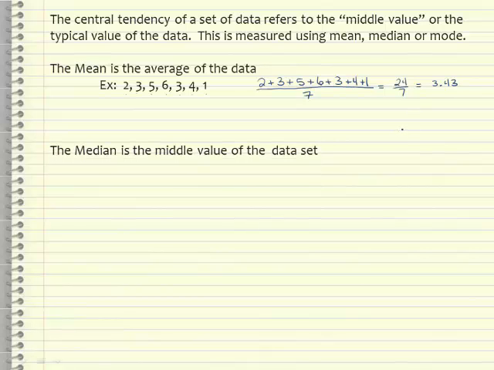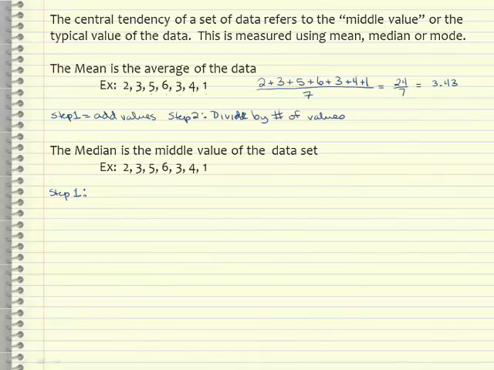The median is the middle value of a data set. So first let me write step 1 for mean is to add the values. And then step 2 is to divide by the number of values. Well, to find the median, step 1 is to write the numbers in order.